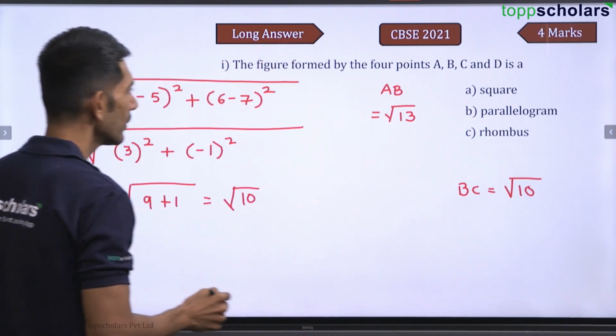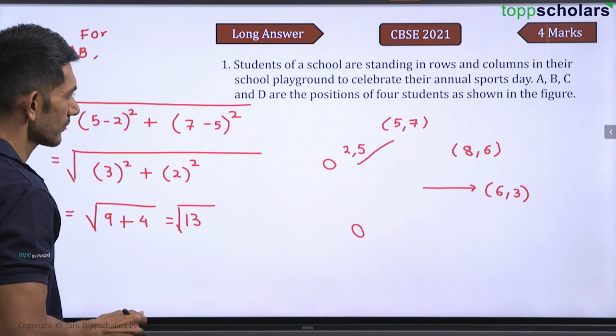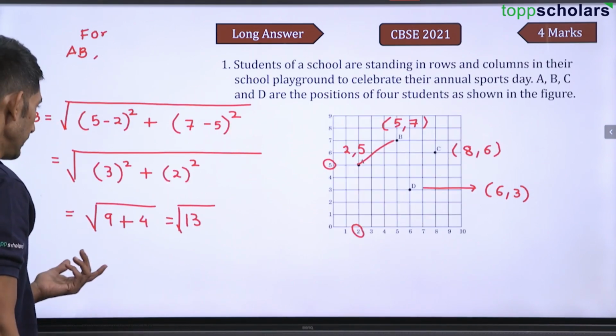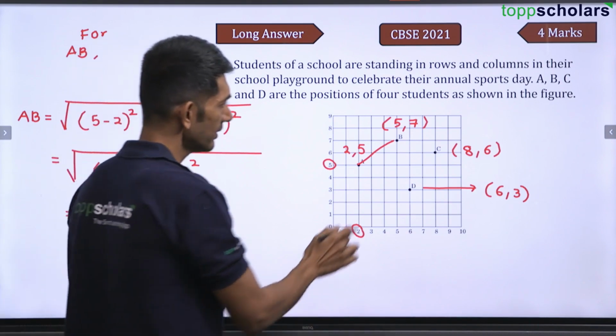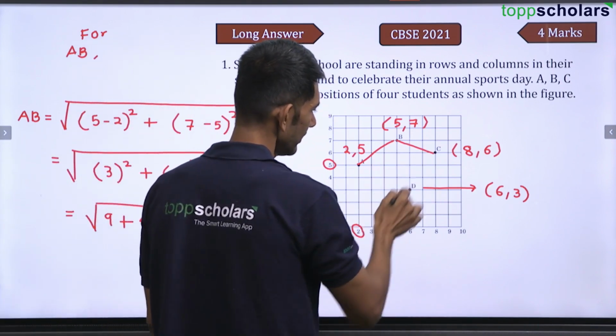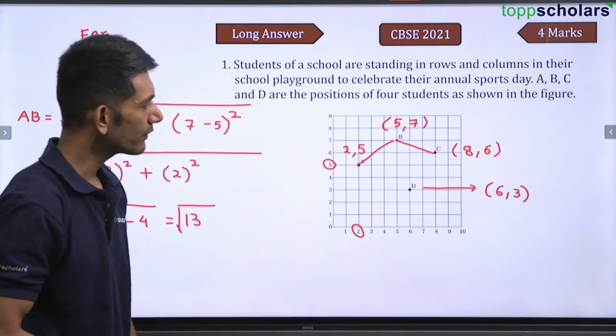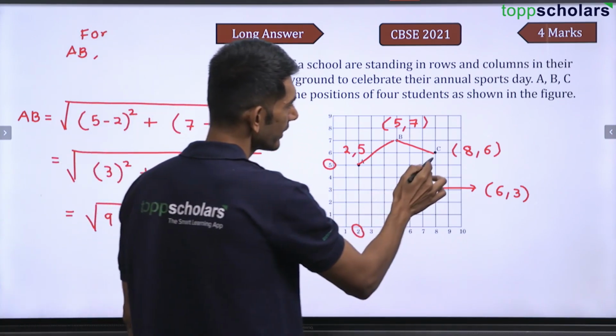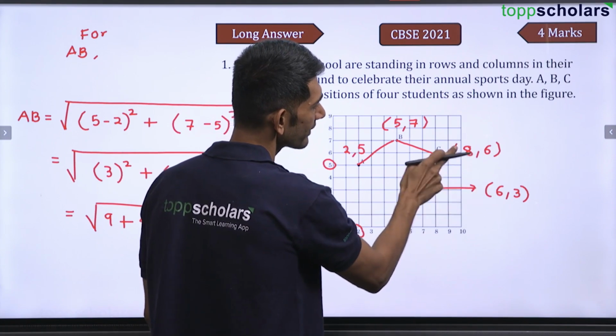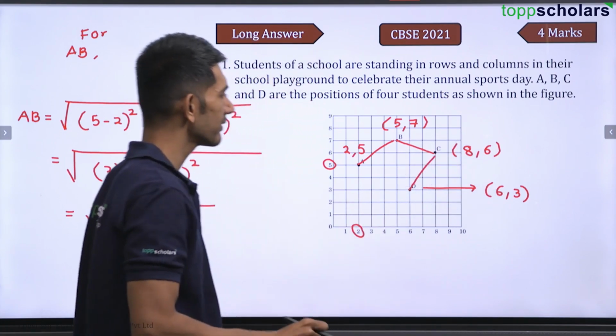Now let's find out CD. AB is done, BC is done. Now we will find out CD, right? So for CD, we will have x2 minus x1, 6 minus 8 the whole square plus 3 minus 6 the whole square.